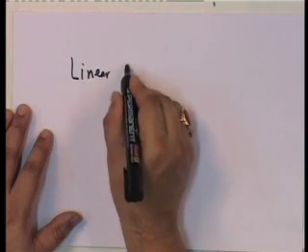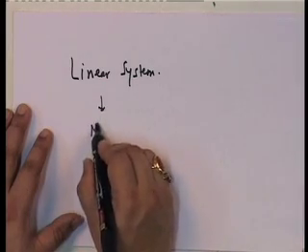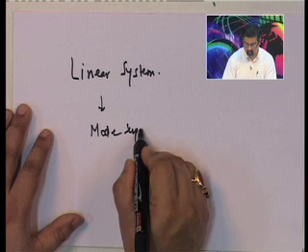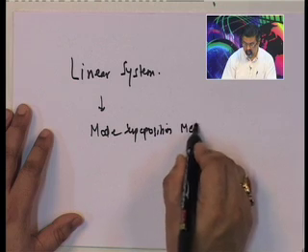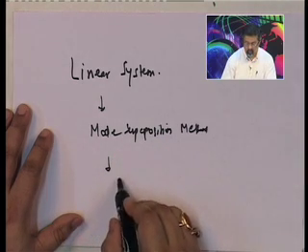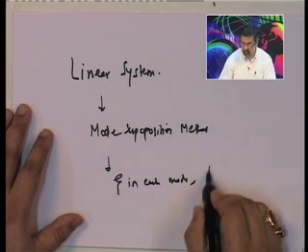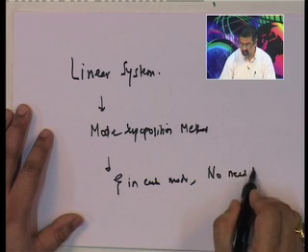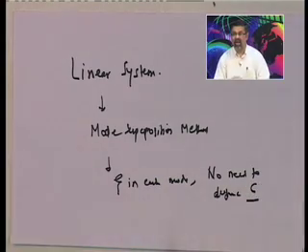But suppose you have a situation, and this is equally a linear system, okay, superposition method, xi in each mode, no need to define C matrix at all.